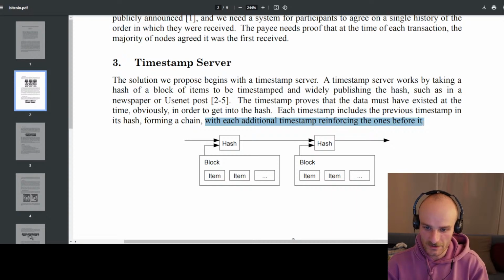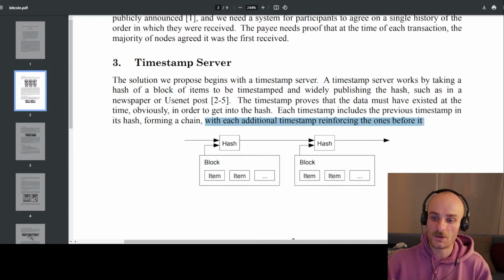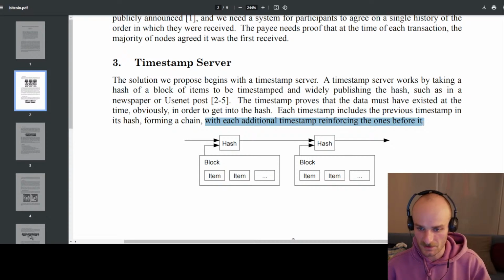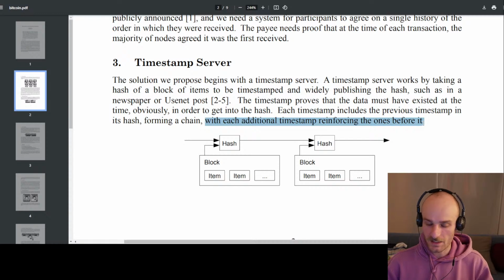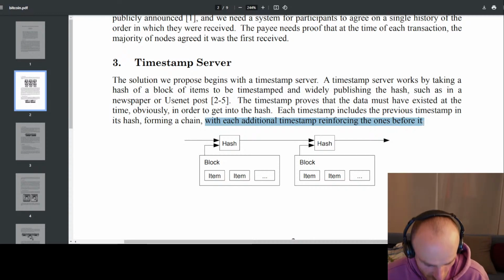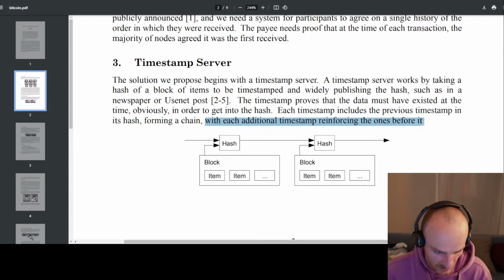Because the longer the advantage of the honest chain over an attacker's chain, the more the attacker will need to put work into replicating a longer chain with their history of events.